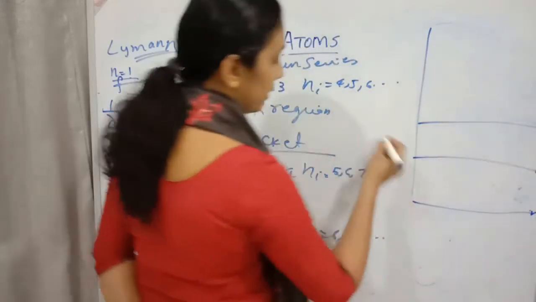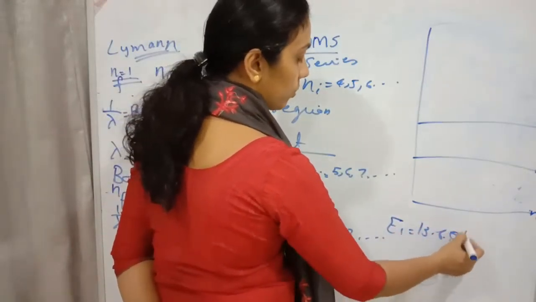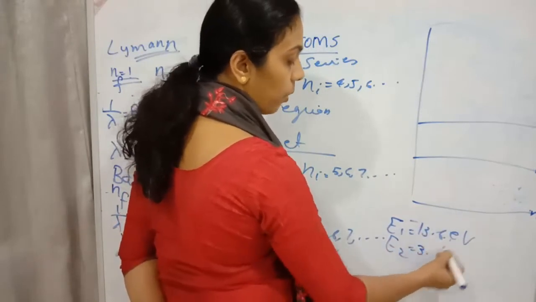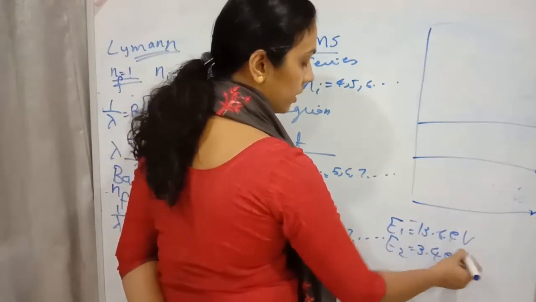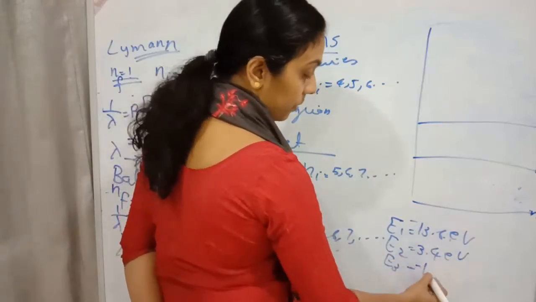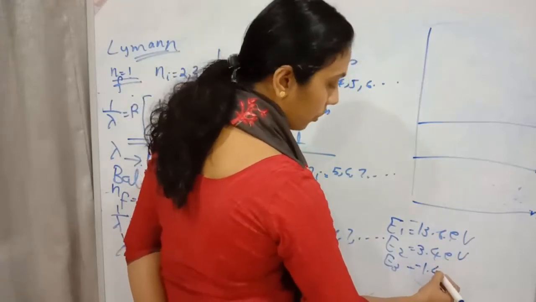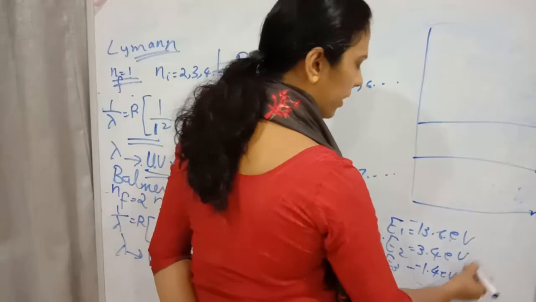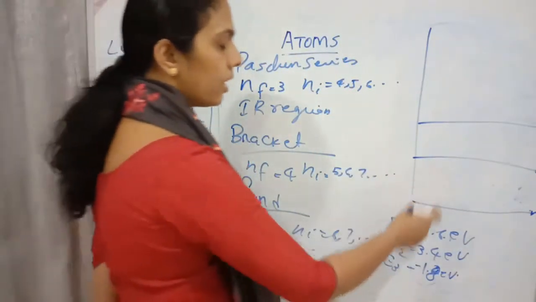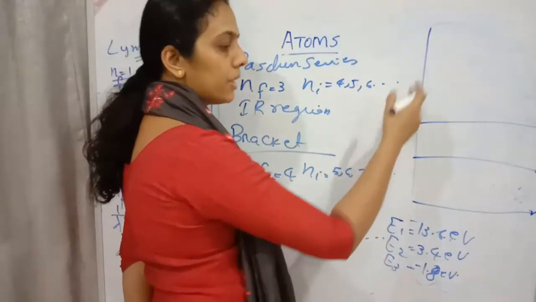So we know E1 is equal to minus 13.6 electron volt, E2 equals minus 3.4 electron volt, and E3 we will be getting as minus 1.5 electron volt, something like that. You can substitute 13.6 divided by 2 square, 13.6 divided by 3 square, like that.